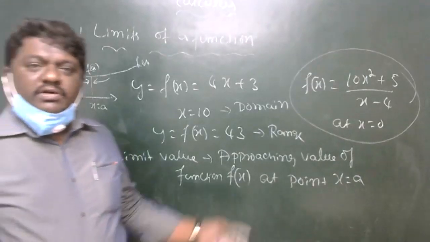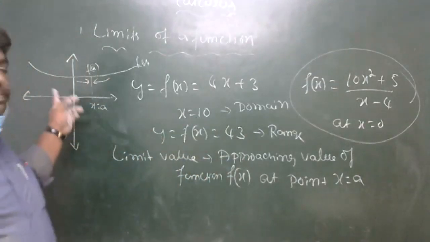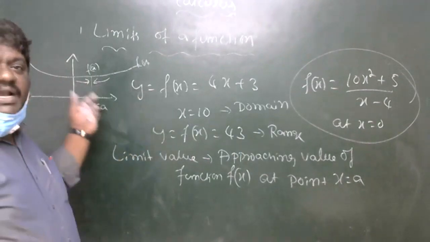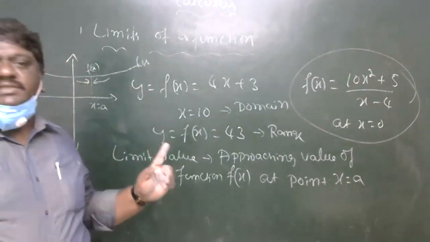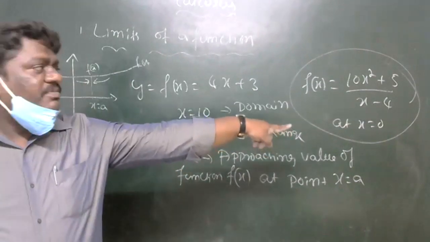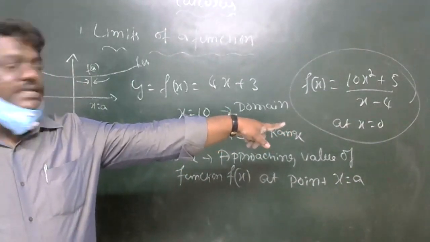Okay, how you are going to get limit value means how it is approaching from left side and right side. So on either side of the point, how you are going to get the answer.